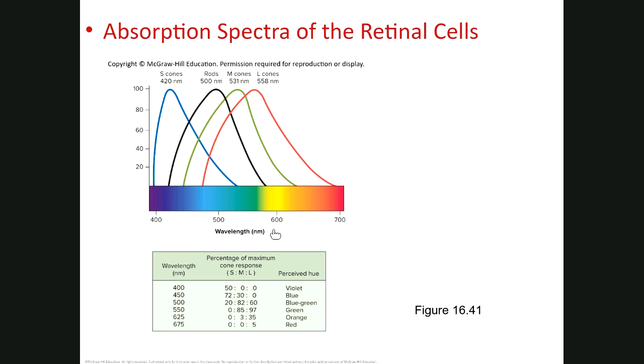Now, if you do not have the cone cells, then you will miss that color. If you do not have long wavelength capable cone cells, then you will be colorblind to red.